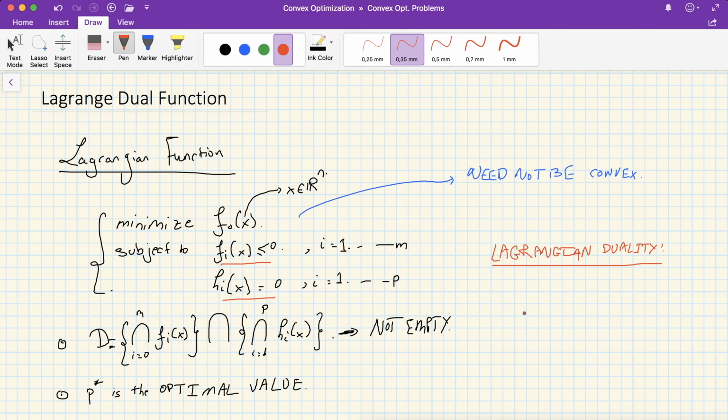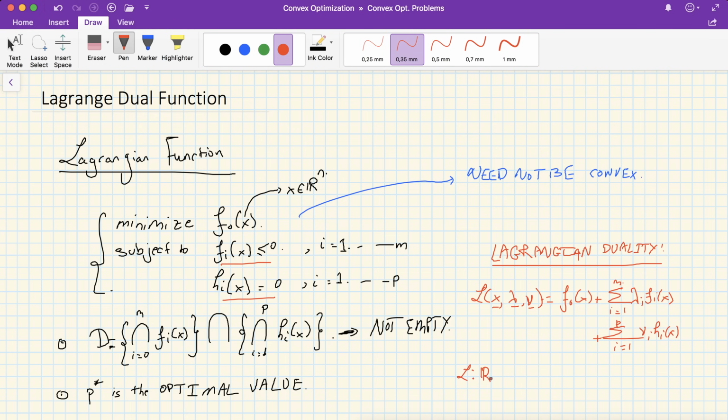That is, we define the Lagrangian function L of x, lambda, nu, where x, lambda, and nu are vectors, to be the cost plus a weighted sum of lambda i fi of x, where i goes from 1 to m, plus a linear combination of nu i hi of x.